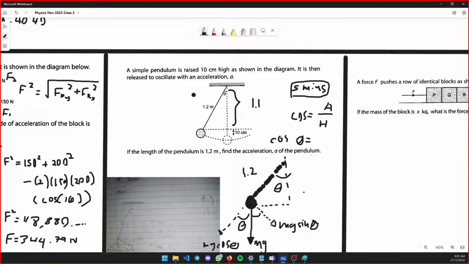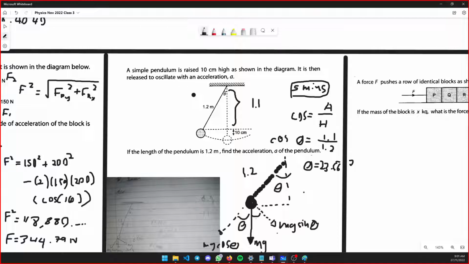Cos theta equals 1.1 over 1.2. How much is theta? Theta on your calculator, please. 23.56. All right, good.